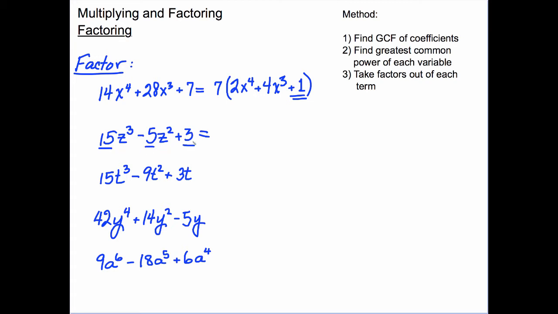Also, you'll notice that not all of the terms have a z in them either. So in this case, there is no common factor. And if asked to factor this, your result should simply be to copy the problem again, 15z cubed minus 5z squared plus 3. And you might write can't be factored.